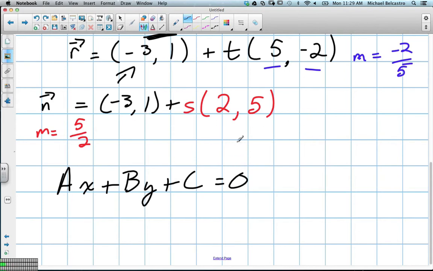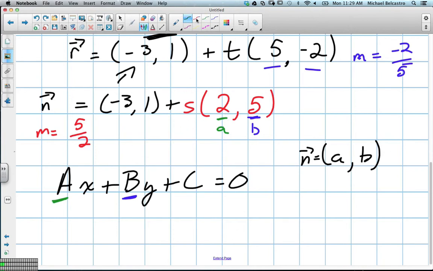We know that the coordinates of the directional vector of the normal, this being our a and this being our b, are directly related to the Cartesian form. So we can replace a and b once we know the directional vector of the normal.